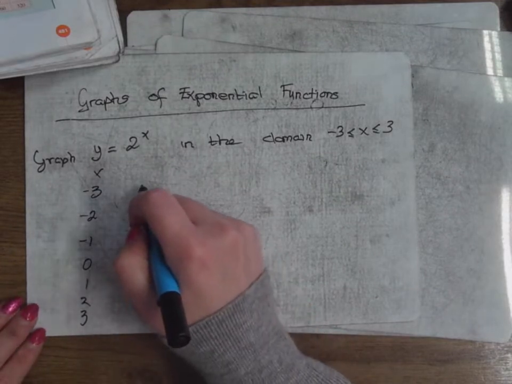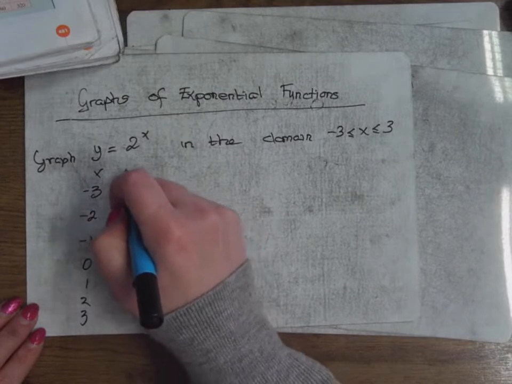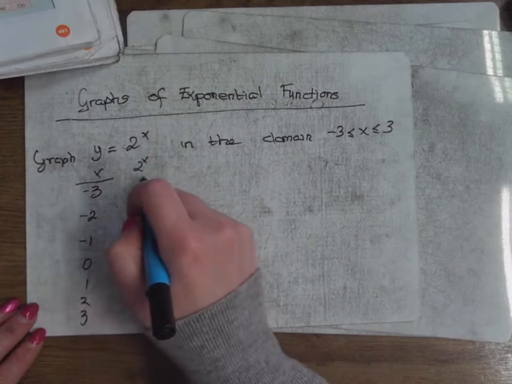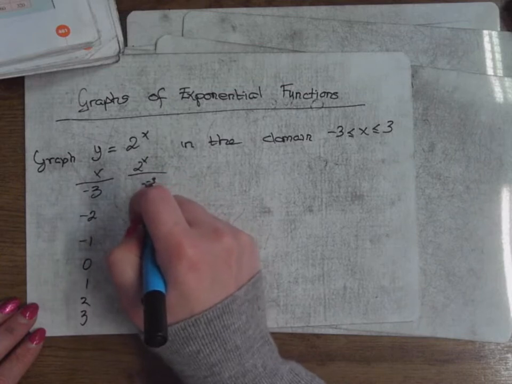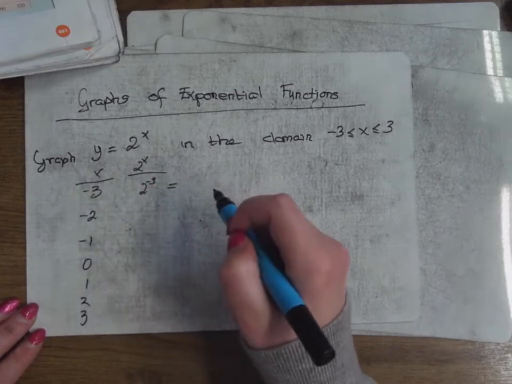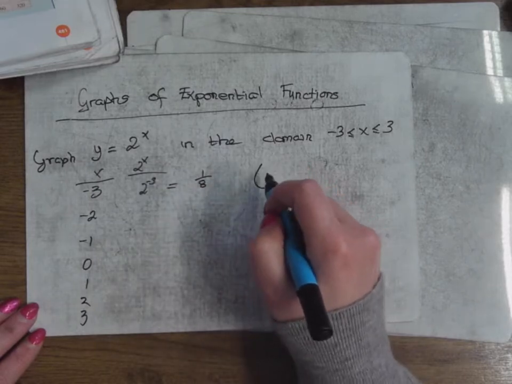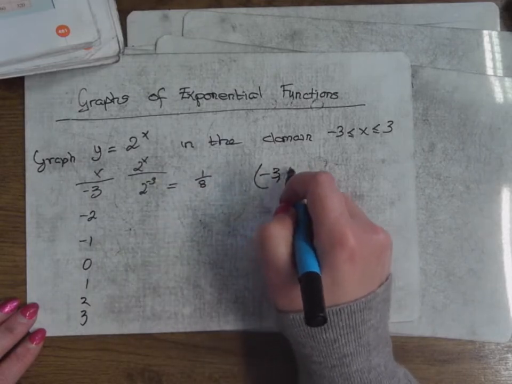So if I go 2 to the power of x, remember the function is 2 to the power of x. When I put in 2 to the power of -3 into the calculator, I'll get 1/8. So that's my first point, -3, 1/8.